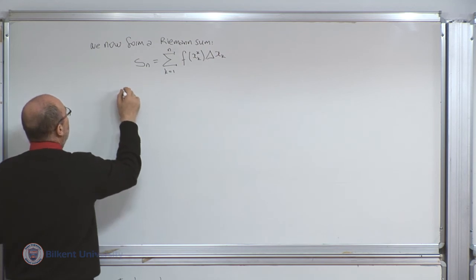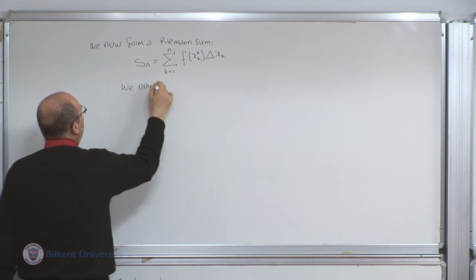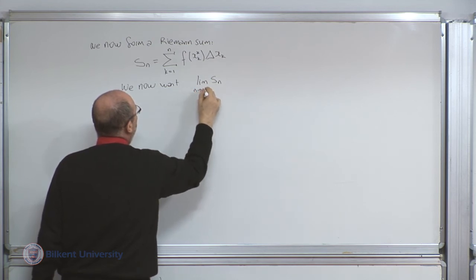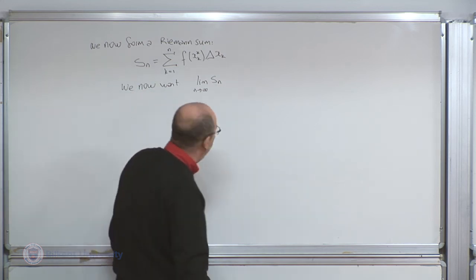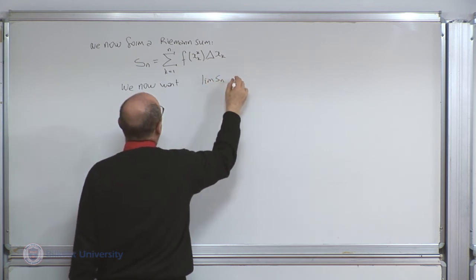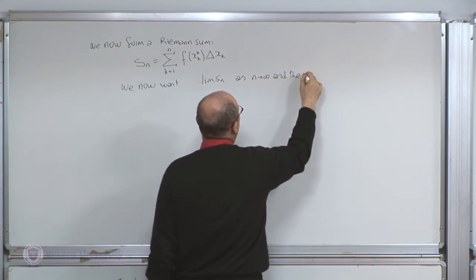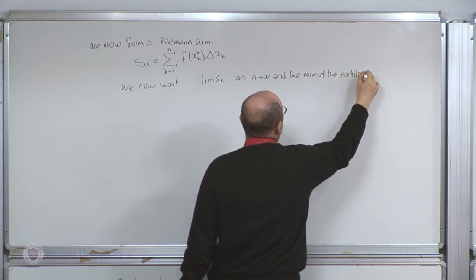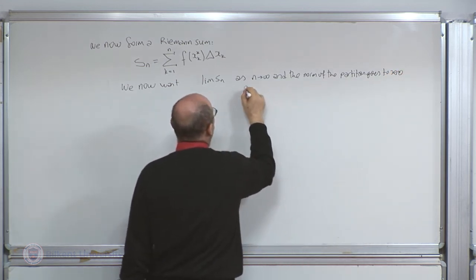So, what do we mean? Now we want the limit. We now want the limit of Sn as n goes to infinity, where, okay, so here maybe I write it all in a sentence. The limit of Sn as n goes to infinity, and the norm of the partition goes to 0, for any sampling.